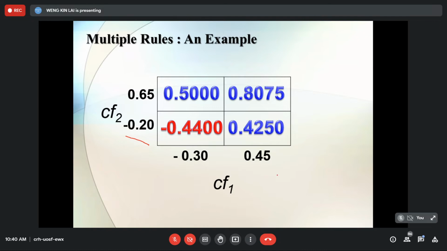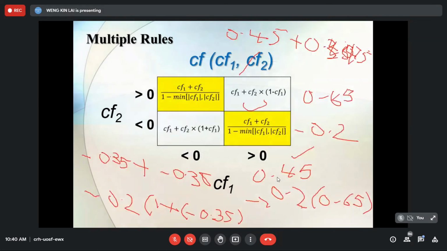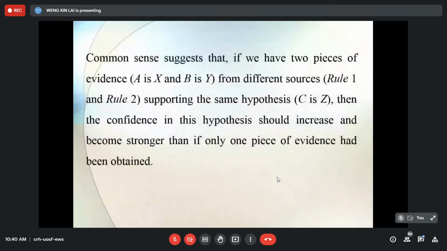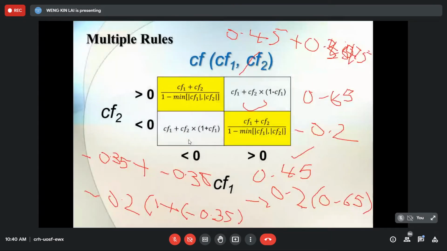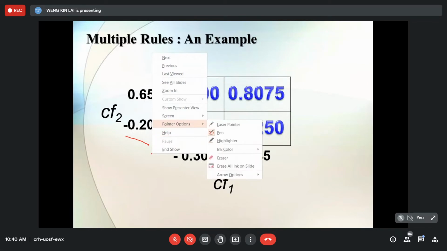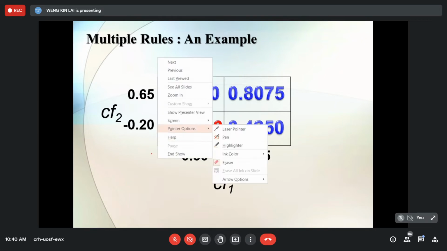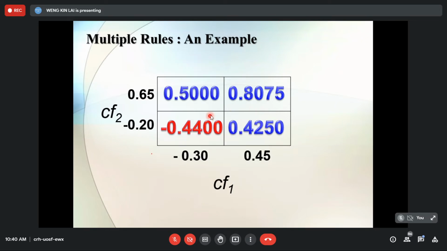Now, when both are positive, that's what it's saying over here as well. Here, strengthen, right? Become stronger.